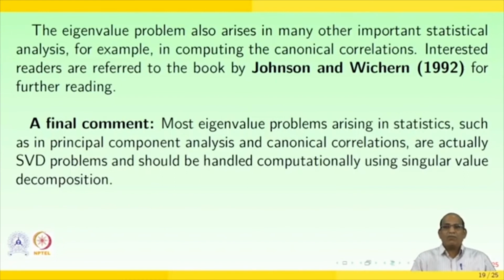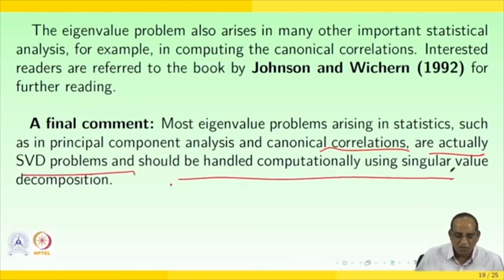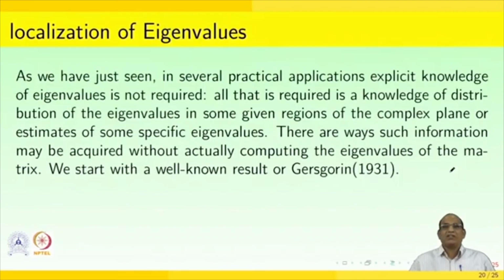The eigenvalue problem also arises in many other important statistical applications, for example when computing canonical correlations. Finally, eigenvalue problems arising in statistics, such as in principal component analysis and canonical correlations, are actually SVD problems and should be handled computationally using singular value decomposition.